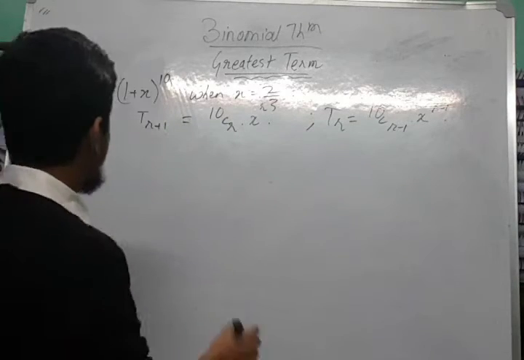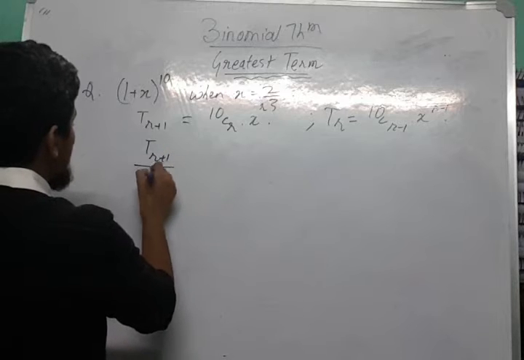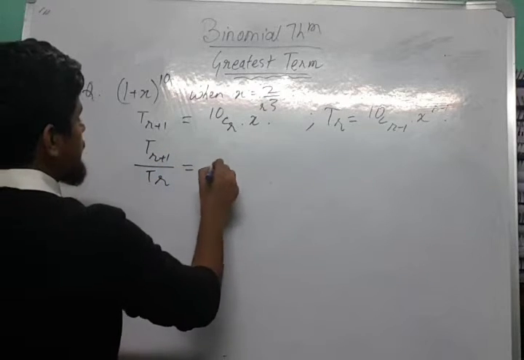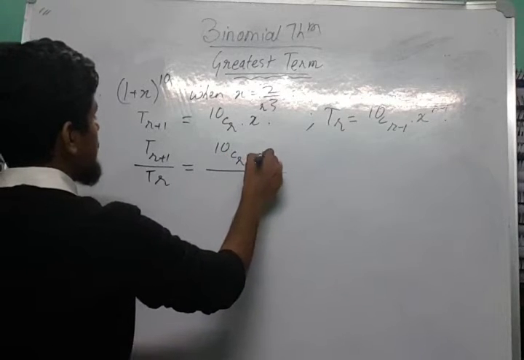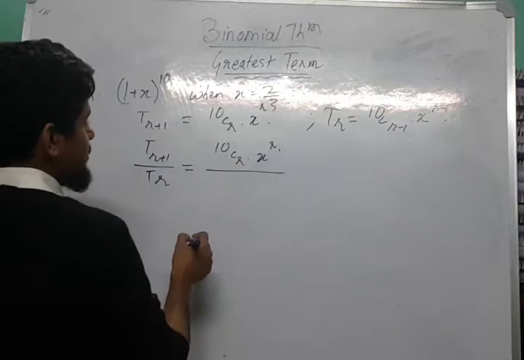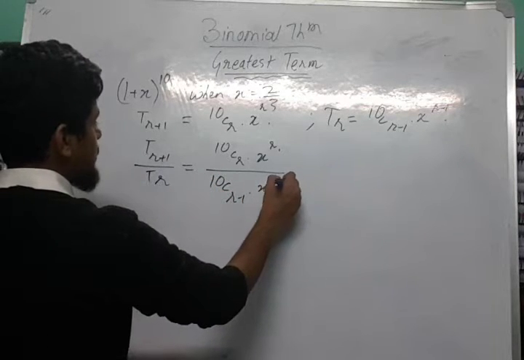Now if we divide T(r+1) by Tr, this will be equal to, in the numerator, 10Cr into x^r, and in the denominator, 10C(r-1) into x^(r-1).